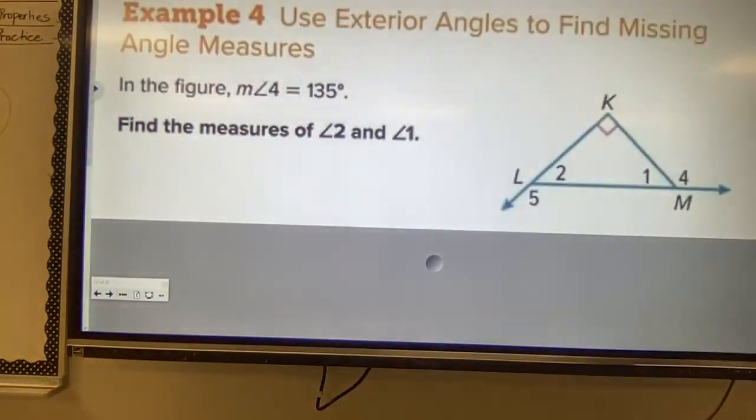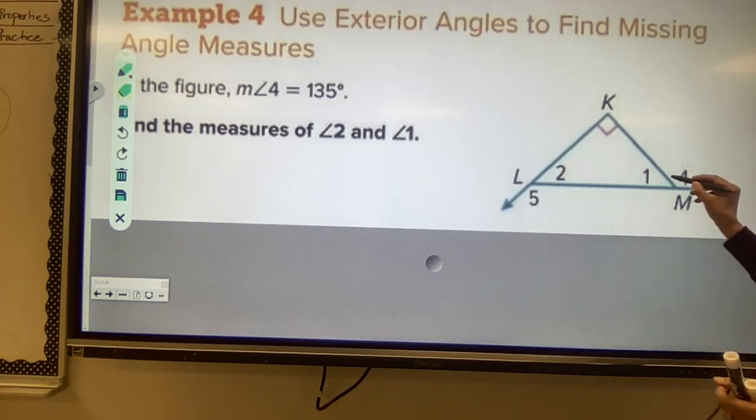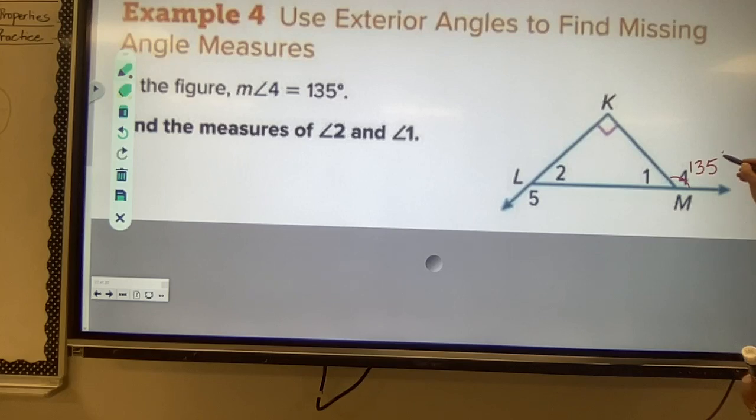Look what it's saying. In the figure, the measure of angle 4 is 135. So it's telling me this one is 135 degrees. Find the measures of angle 2 and angle 1.